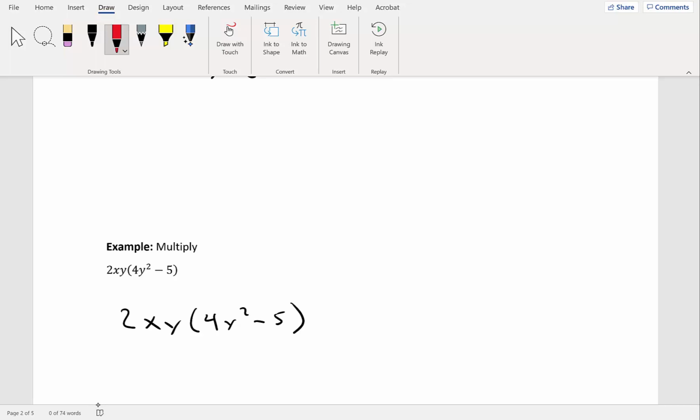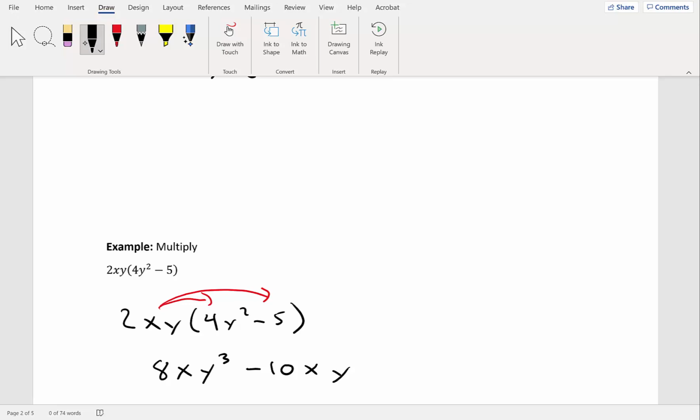What you want to do in this case is go ahead and distribute, and then just multiply it out the same way you did in the previous example. So 2xy times 4y squared gives us 8x y to the third. And now 2xy times negative 5 gives me negative 10x y.